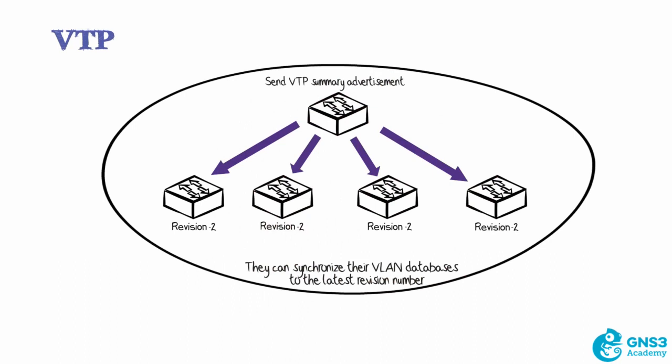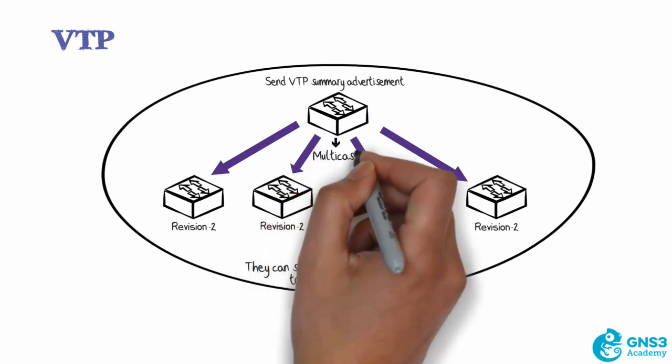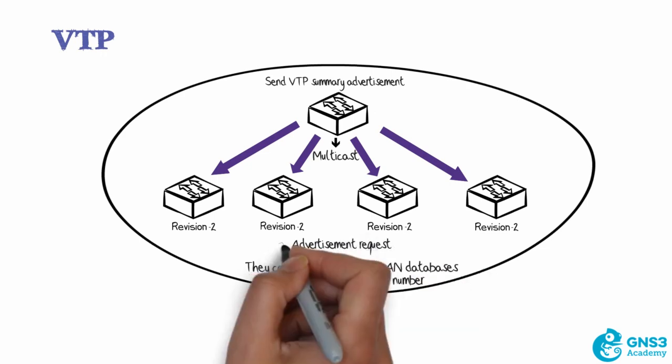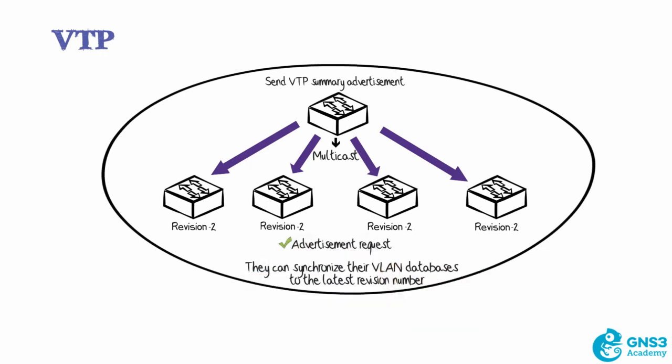Now, the VTP summary advertisement message is sent as a multicast, so all other devices in the layer 2 domain will see that message, and they will then request the latest information from the top switch using what's called an advertisement request. So the top switch sends out a summary advertisement. The other switches hear that something has changed.